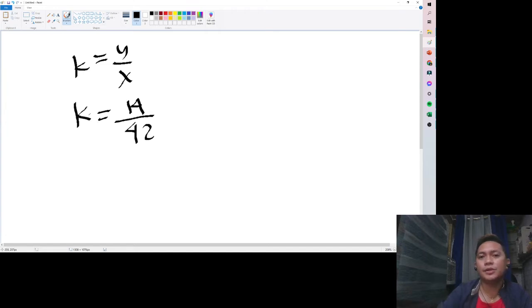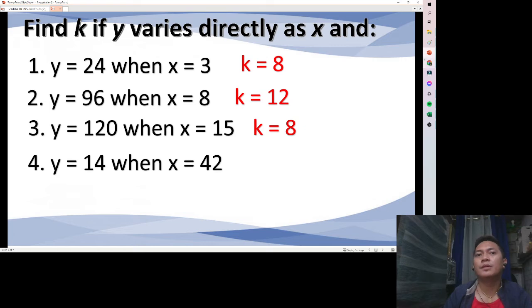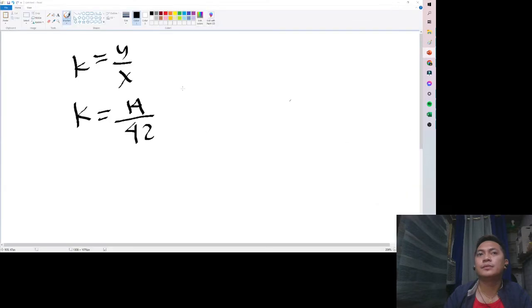Okay, so check nga natin yung ating equation. Y is 14, then x is 42. Okay? So as you can see, hindi siya katulad ng mga nauna nating sample na mas mataas yung y kaysa sa x. Therefore, we can simplify this into lowest term.